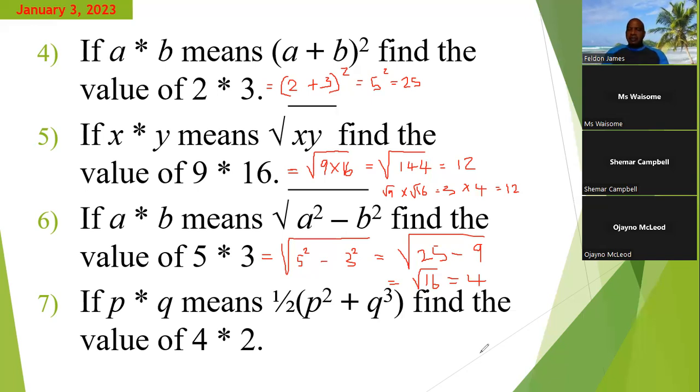Now, it is important to bring to your attention that in this case, where we have a minus sign between the numbers, we could not write square root of 5 squared minus square root of 3 squared.